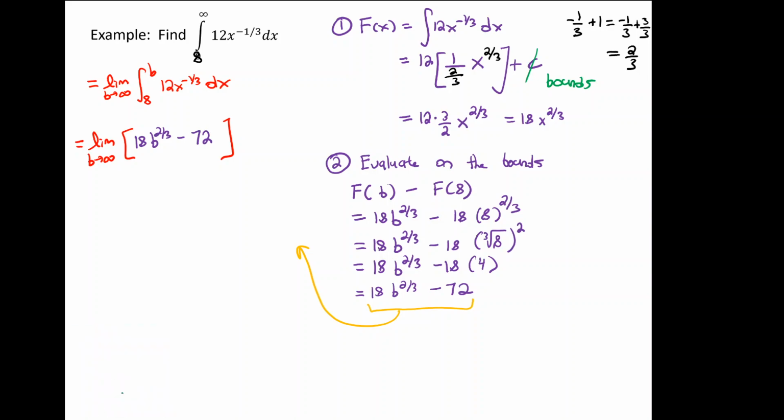Okay, now we've got to figure out what's going on with that first part of the limit. So I'm going to separate that off as a side calculation. Limit as b approaches infinity of b to the 2/3. The 18 will just multiply by whatever this is, so let's not carry it with us over here. I'm going to just dispense with the whole limit business. Plug it in.